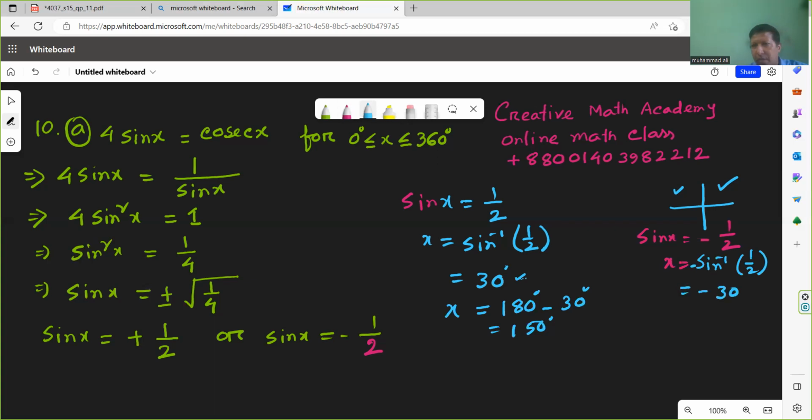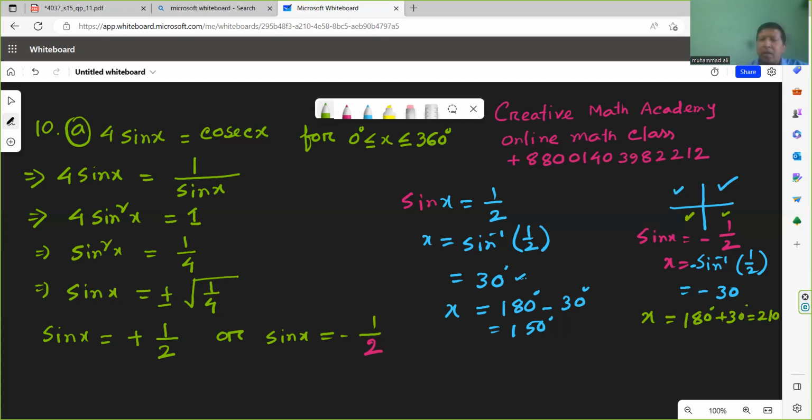This minus indicates we will search where sin is negative. Sin is negative in the third quadrant and fourth quadrant. So how do we get the third quadrant result? We have to add this 30 to 180 degrees. So it will be 210.